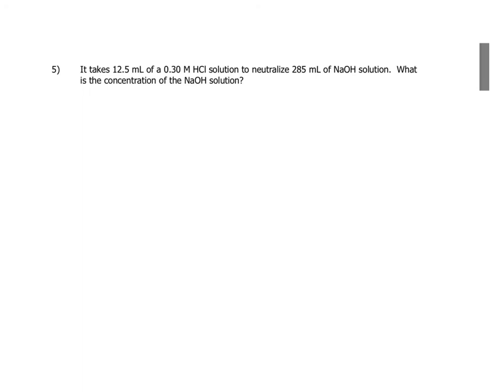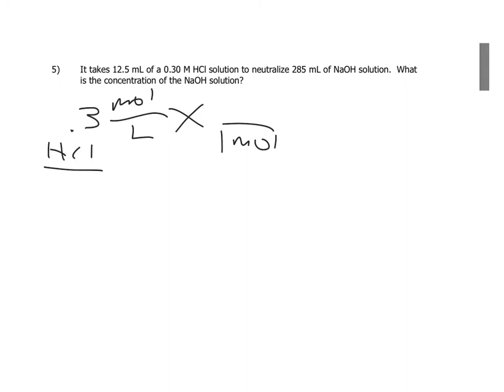Let's do another example. It takes 12.5 milliliters of 0.3 molar HCl to neutralize 285 milliliters of NaOH. What is the concentration of the NaOH? Well, I can do an NaVa equals NbVb because I have an acid and a base. So I'm going to start off with my 0.3 molarity, which is moles over liter, of HCl, and 1 mole of HCl has one equivalent because it has one hydrogen.